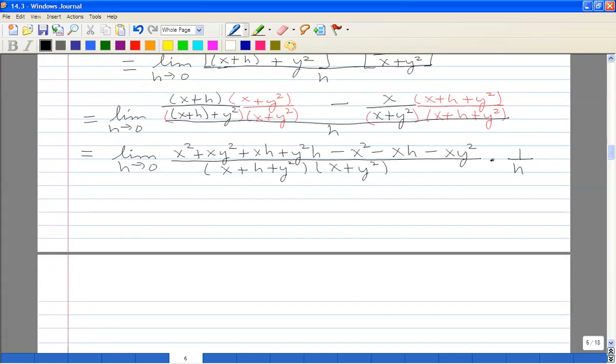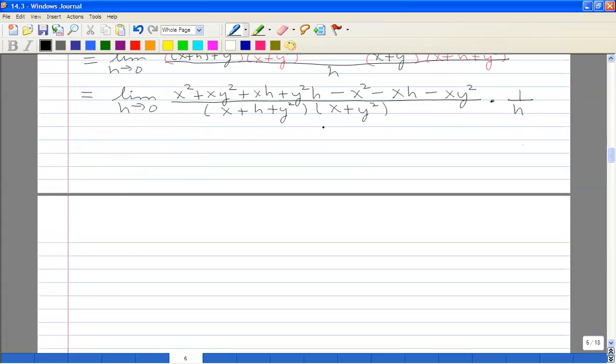And so this is equal to... the x squares cancel, the xh's cancel, the xy squares cancel.